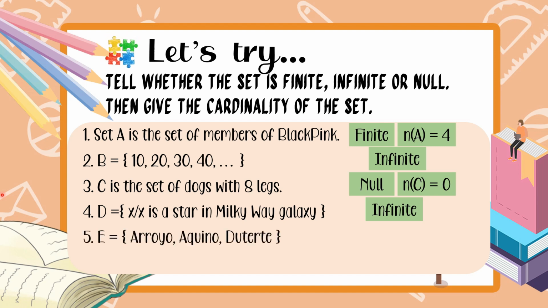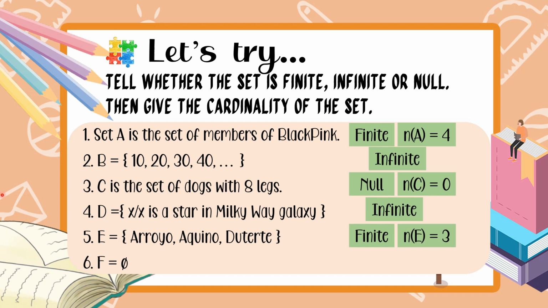Next, let's have set E, and the elements are Arroyo, Aquino, and Duterte. This one is a finite set dahil lahat ng elements nalista naman natin. And the cardinality of set E is 3.